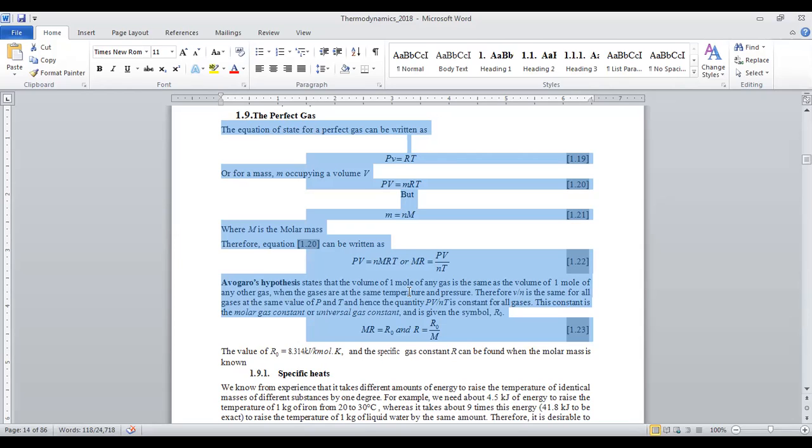Refrigerants are okay, we can look into property tables.